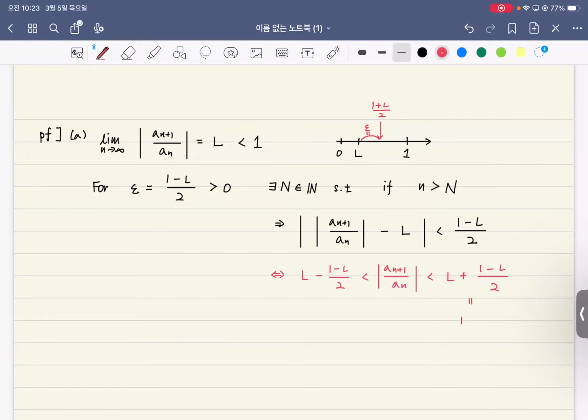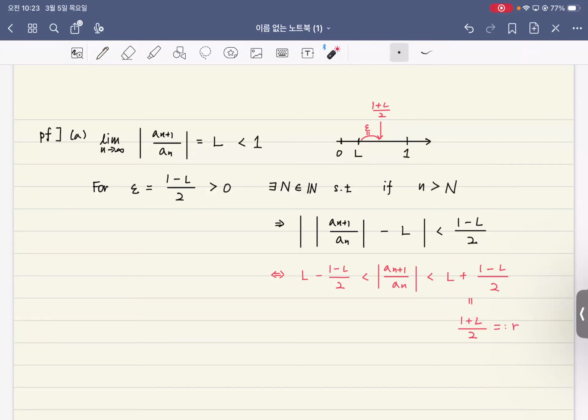I will call this number R. And since L was less than 1, this whole thing should be less than 1, right? Because of this point. Okay, let me just cut to the point.